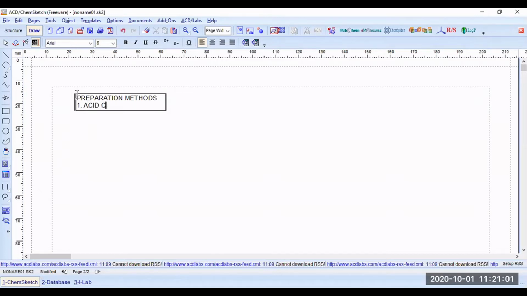From acid chlorides, we can get carbonyl compounds. Even nitriles you can add under this itself, because it is the same reaction. Acid chlorides and nitriles.